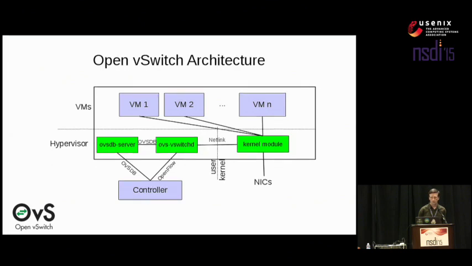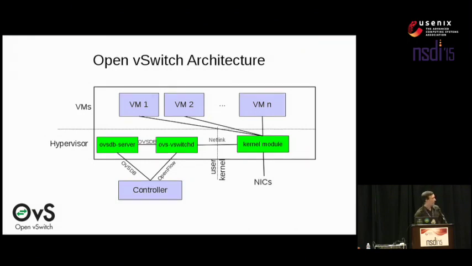So vSwitchD controls the network through a fast path, and today I'm going to talk about it mostly in the context of the fast path that runs as a Linux kernel module, although there are other fast paths that use, for example, the Intel DPDK. And then at the top and the bottom of the diagram, you can see that the kernel module directly talks to virtual machines on the hypervisor and to physical NICs that lead out of it.